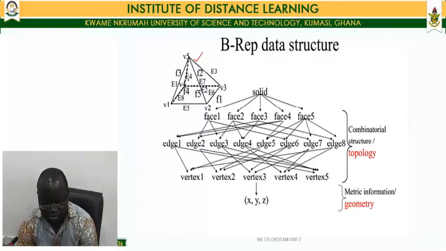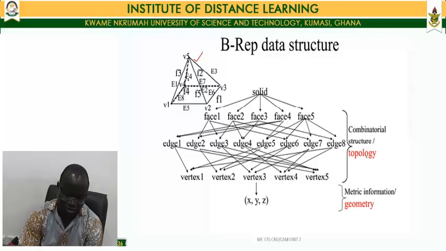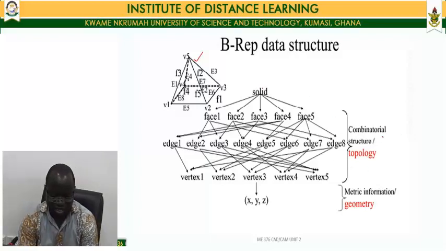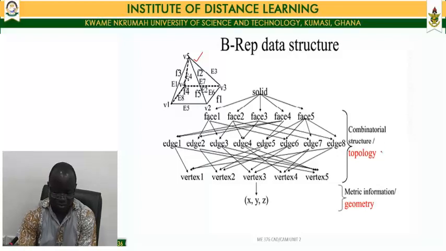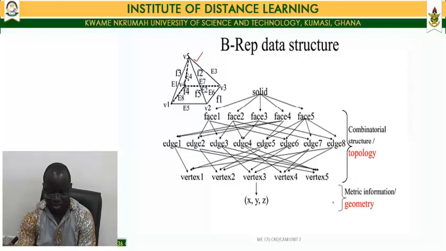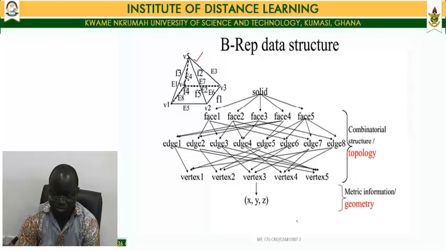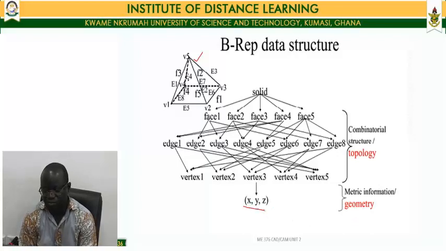And then the metric information, which is the geometry information, is the x, y, z point coordinate. So when you take a typical point coordinate, it is called the metric information or geometry information.